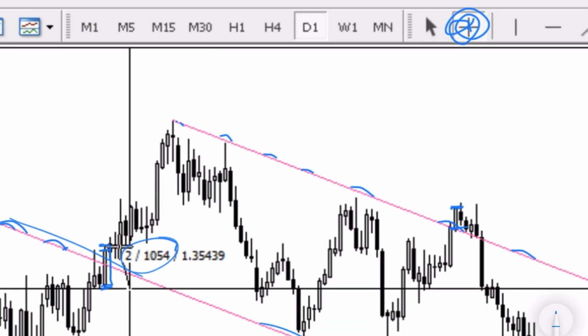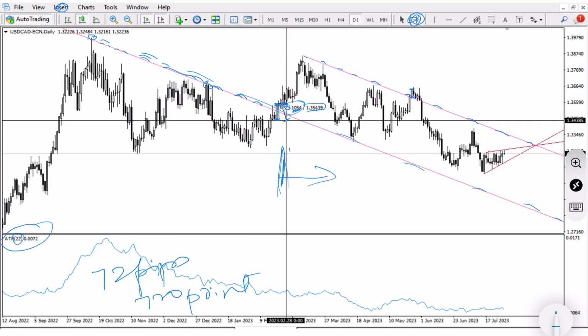You can measure the size: click here and drag and drop from one point to another anywhere on the chart to measure the pips. The middle shows the pips, and if you take it to the left or right, it will show you the number of candles, and wherever you finally drag it to, it will show you the price. From here to here I have drawn this because that was the range I was trying to calculate.